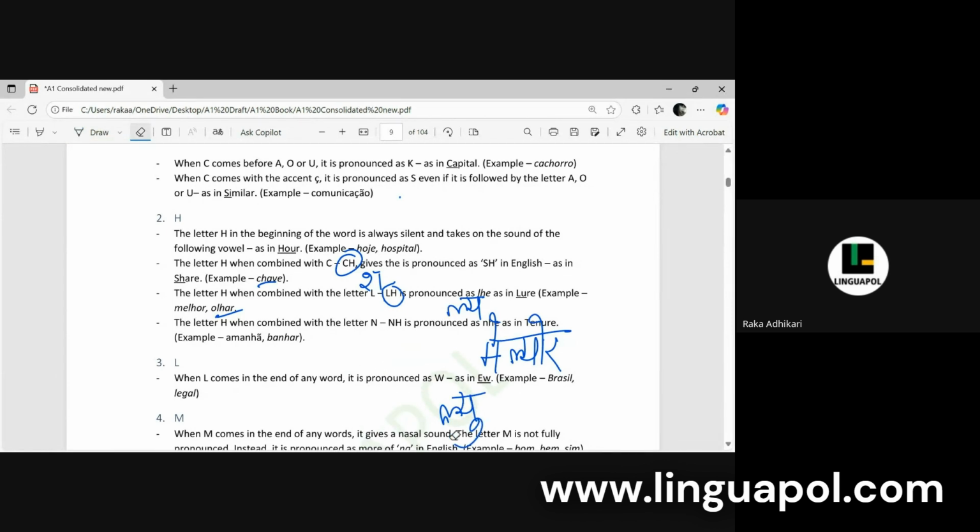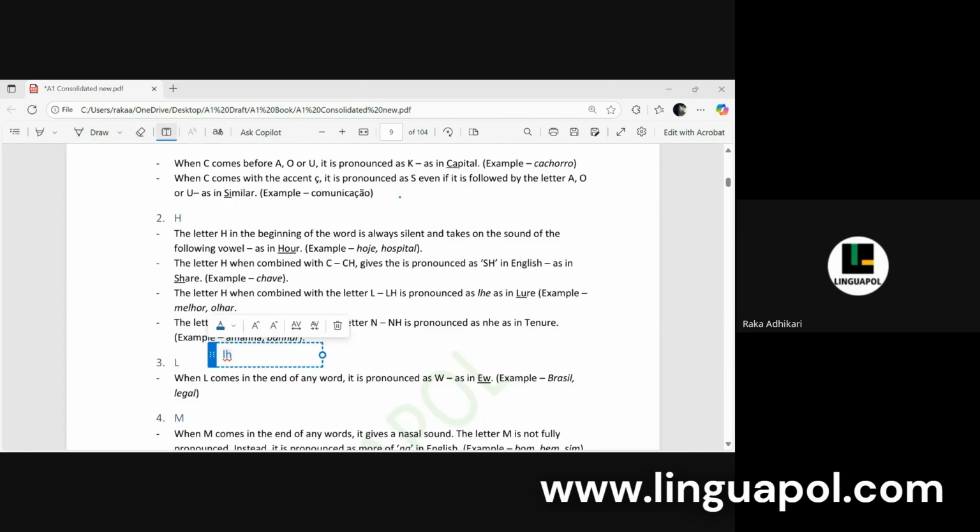So let's see some examples with LH. We saw melhor. Melhor means better. Olhar is a verb.